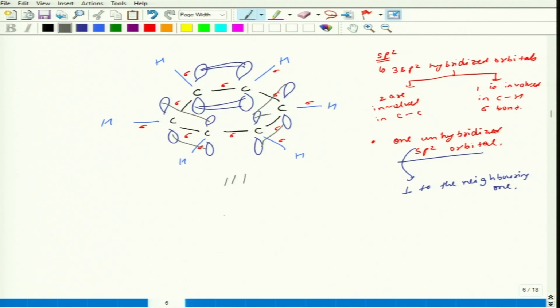The structure we have got is C double bond C, C, C double bond C, C, with H on each carbon, and these pi bonds can be formed in the alternate direction also, because all the unhybridized p orbitals are perpendicular to the ring plane. So, this is how the structure of benzene can be explained. Further, we will discuss more in detail about the structure and properties in the next classes. Thank you.